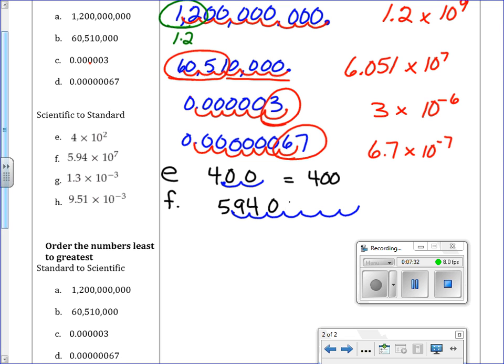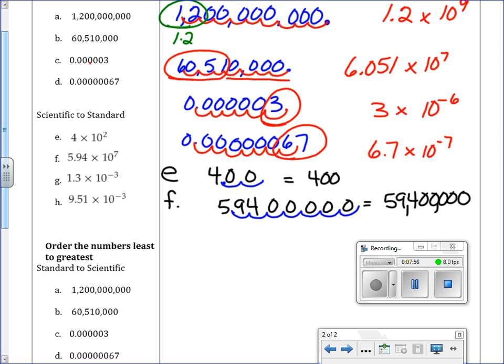So I have 1, 2, 3, 4, 5. Are you noticing that the exponent doesn't say how many zeros there are? The exponent says how many times the decimal moves. I'll rewrite that number. 594. And then I put my commas in.